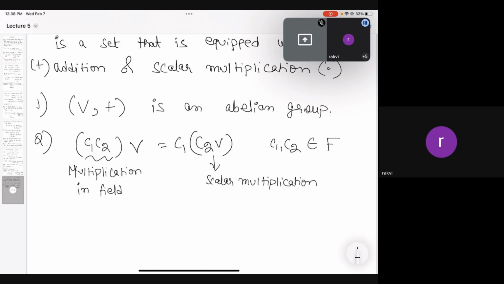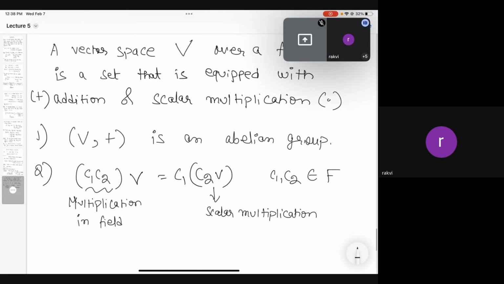So I start with V, I multiply it with C2, I get another vector, and then C1 times that vector is again scalar multiplication. Actually I did say dot, but let me remove it because it's very cumbersome to write dot every time, especially when there are different operations going on.